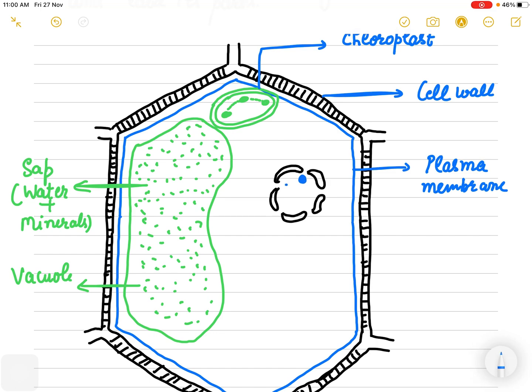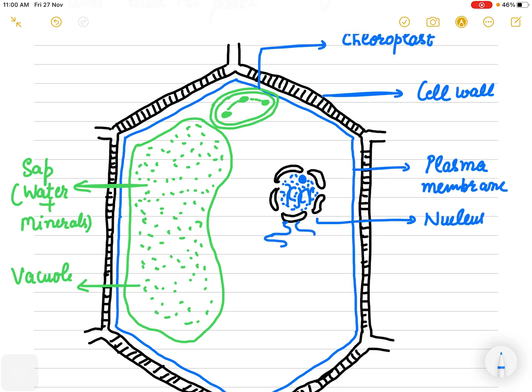This is the nucleolus, these are the chromatin fibers, and this is the nucleoplasm, right? So label it. Let's label this. This is our nucleus.